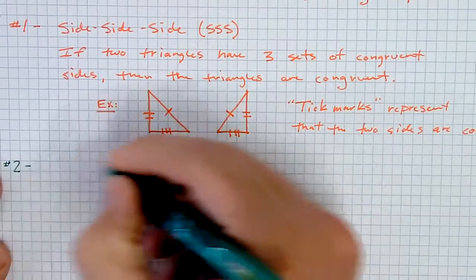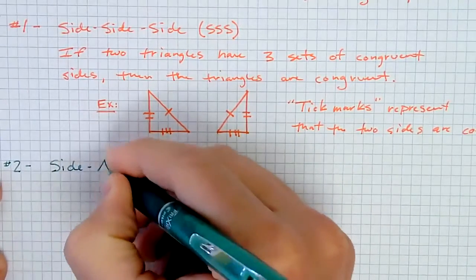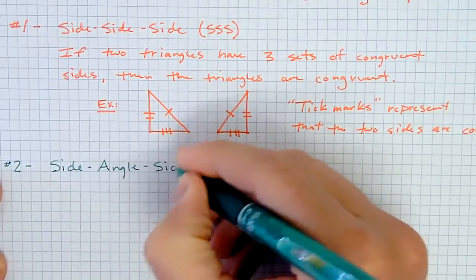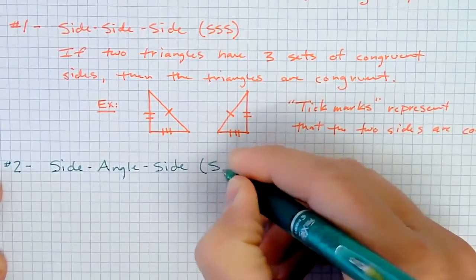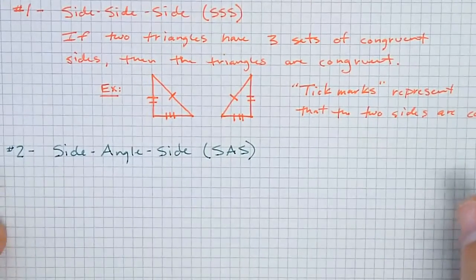Okay, another form of congruency is side angle side, which we usually write as SAS.